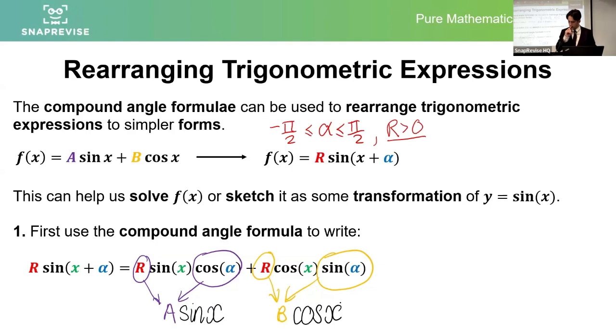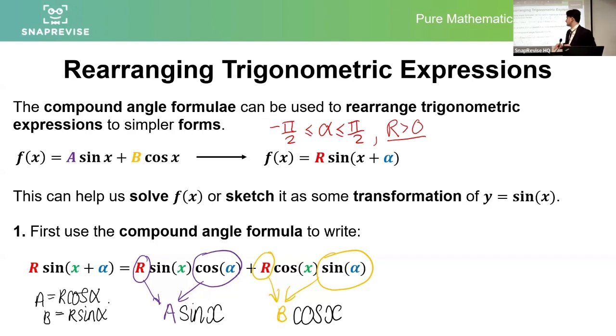Okay, now what we're saying from this is basically that a equals r cos alpha. Can you see that? Yeah. And b equals r sine alpha. Okay, now that's kind of crucial.